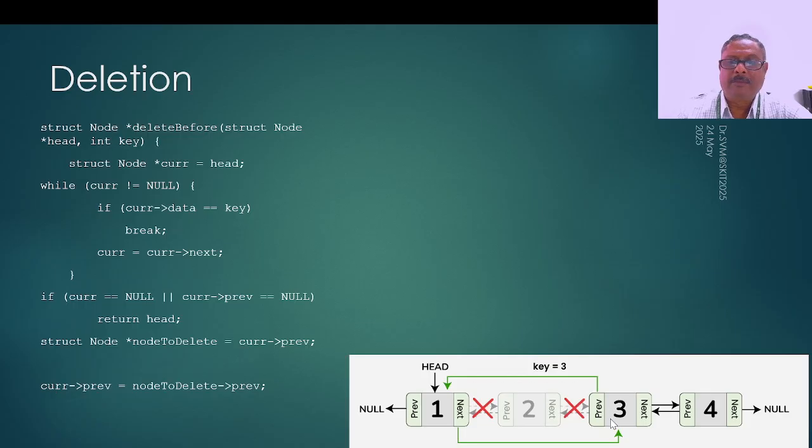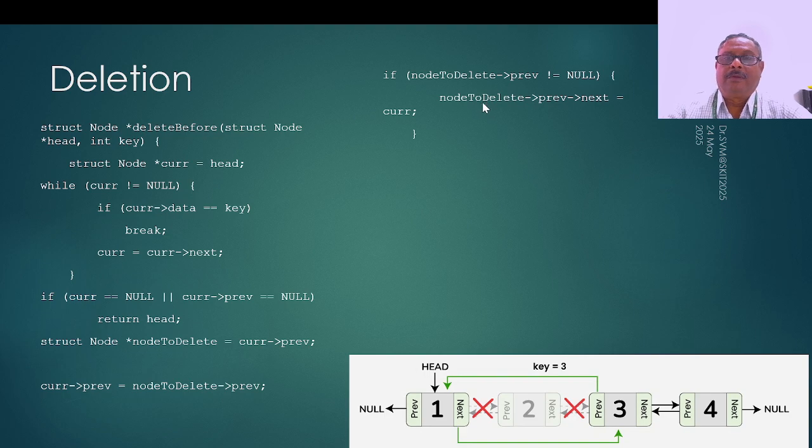Current node's previous should be node to delete's previous. So its previous is this one. So we made this connection, and then we need to make this connection, that is to be done by the node to delete's previous. Its next will be the same as the next of the node to be deleted. So the node to be deleted's previous is this, and its next will be the current node.